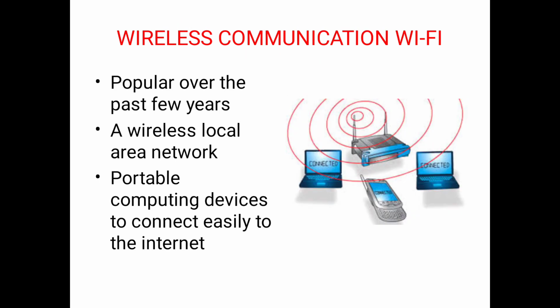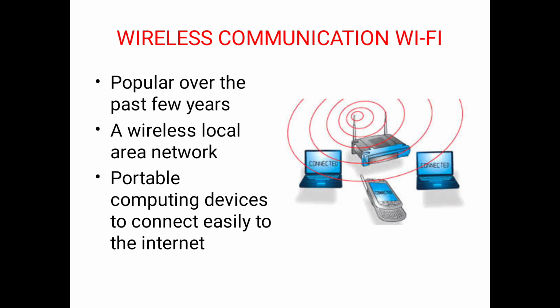So wireless communication Wi-Fi. Wi-Fi means first they are using a local area network. In this local area network, one network is connected with all laptops, and not only laptops. Then it can be connected to the internet by Ethernet cable, and mobile phones also.